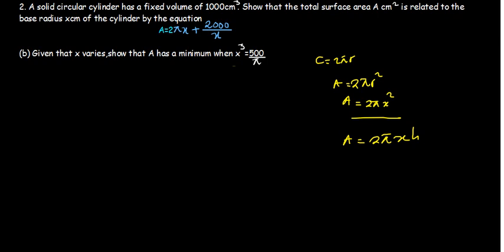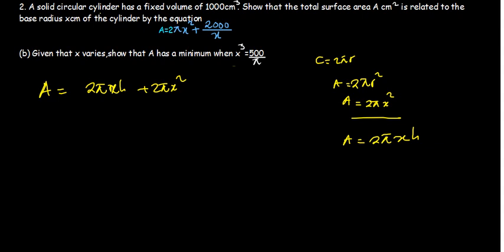The total surface area is equal to 2 pi xh plus 2 pi x squared. From the writing, I just forgot a square there.